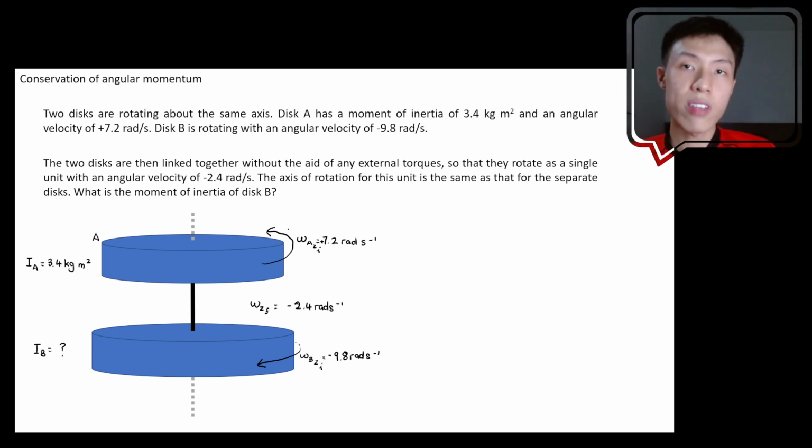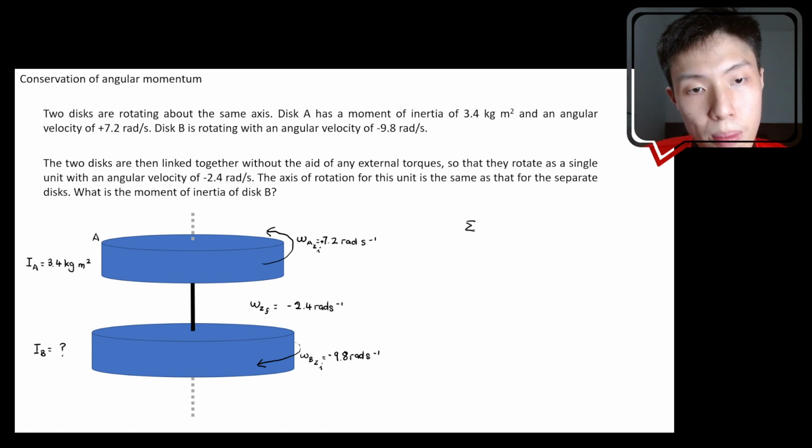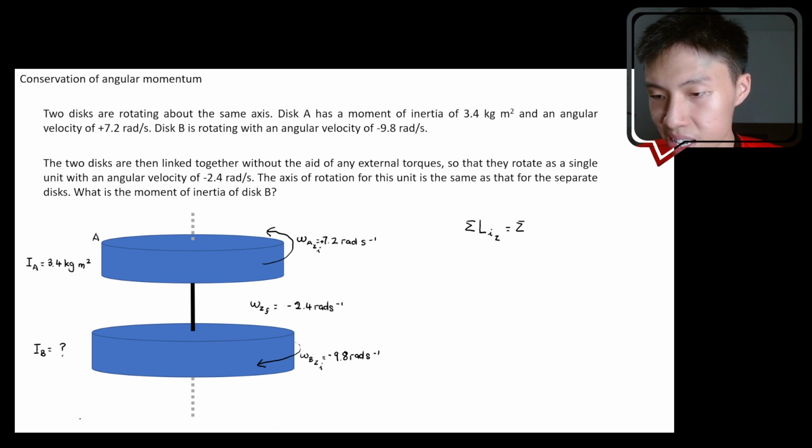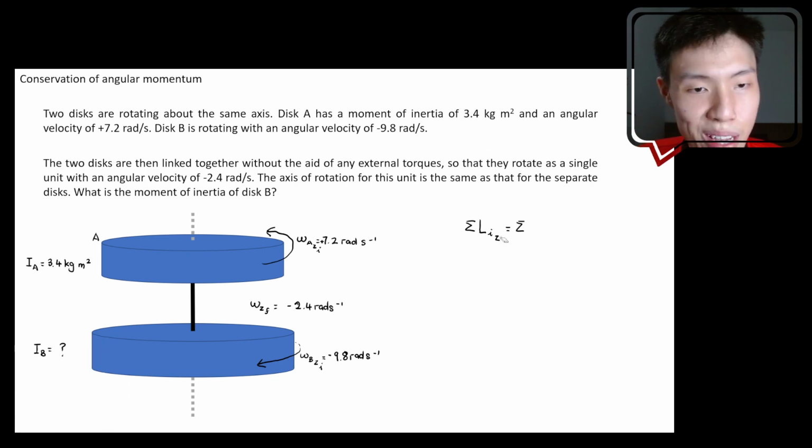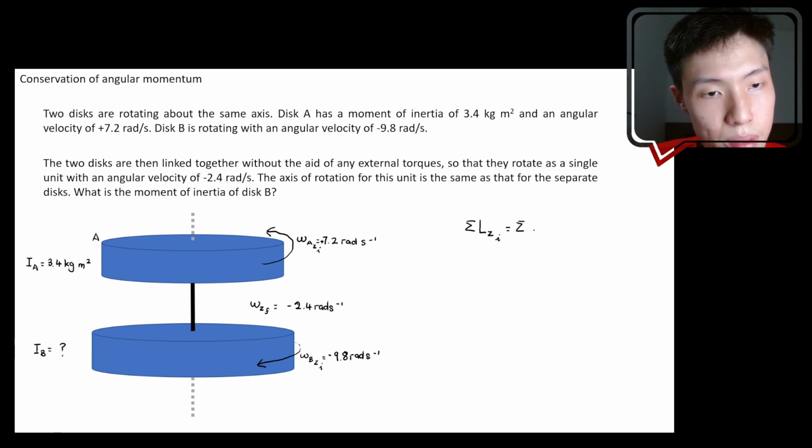To solve this question, again, we will use conservation of angular momentum. So the sum of the Z component of angular momentum initial will be equal to the sum of the Z component of angular momentum final. Technically, Z should be up there. A lot of the time, I'm not sure which one should be up, which one should be down.